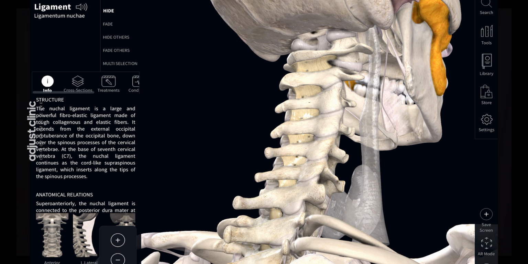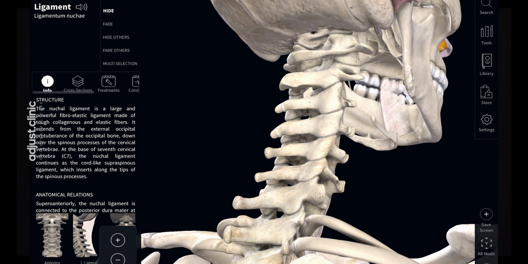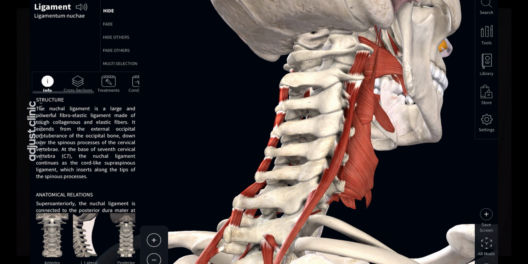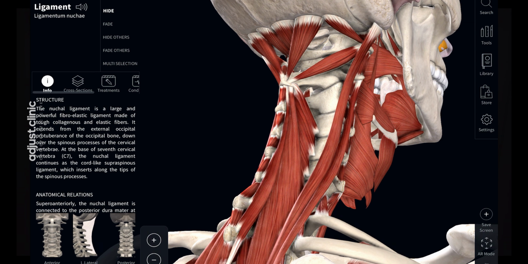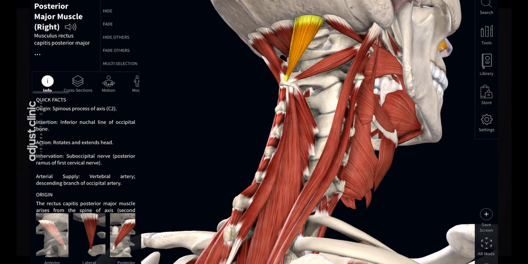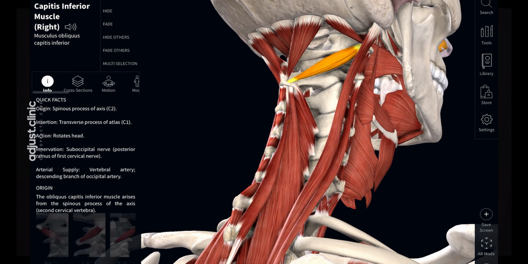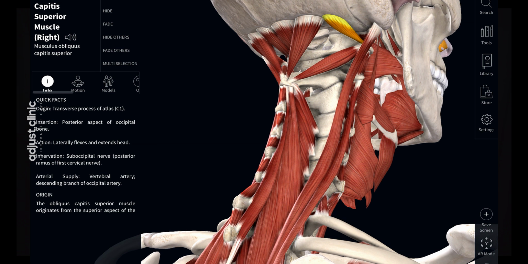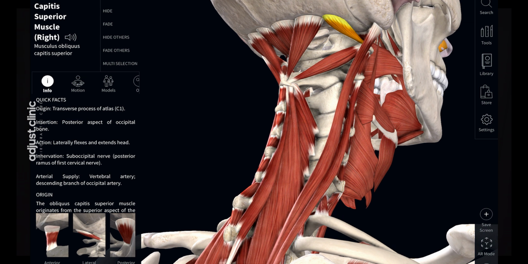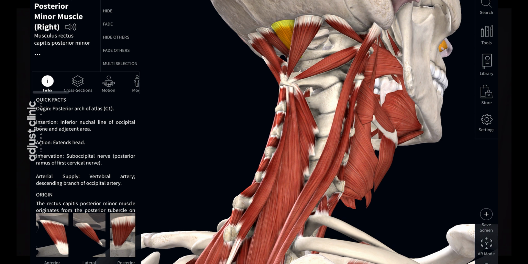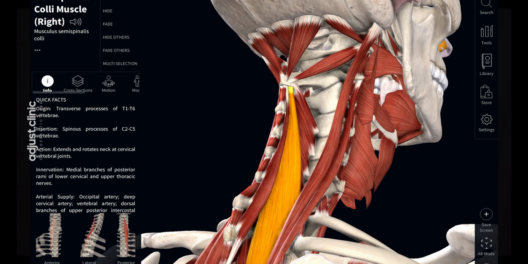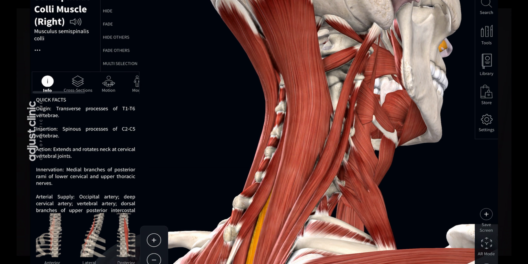Along with the ligaments, we also have muscles in the neck, many layers of muscles. Up here we've got the suboccipital triangle: rectus capitis posterior major, obliquus capitis inferior, obliquus capitis superior, and rectus capitis posterior minor here. We've also got some of these paraspinal muscles in the neck, the semispinalis muscles.